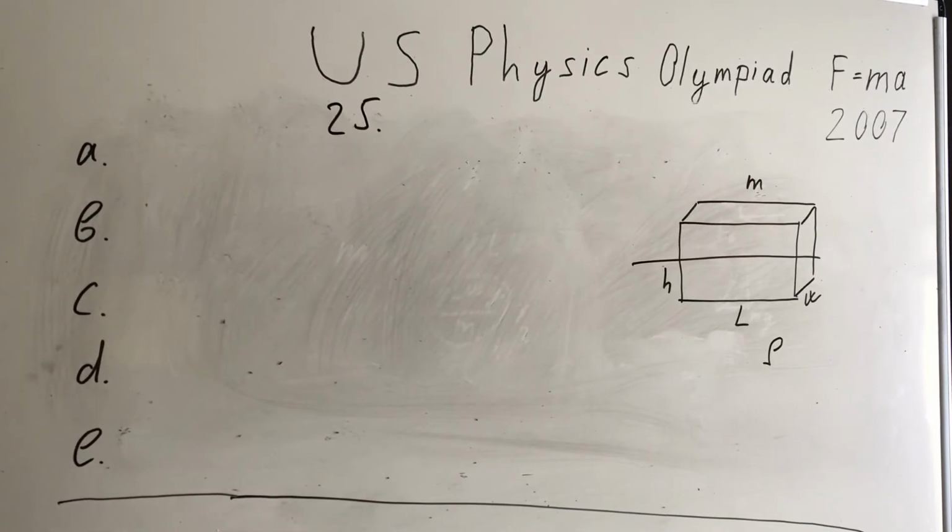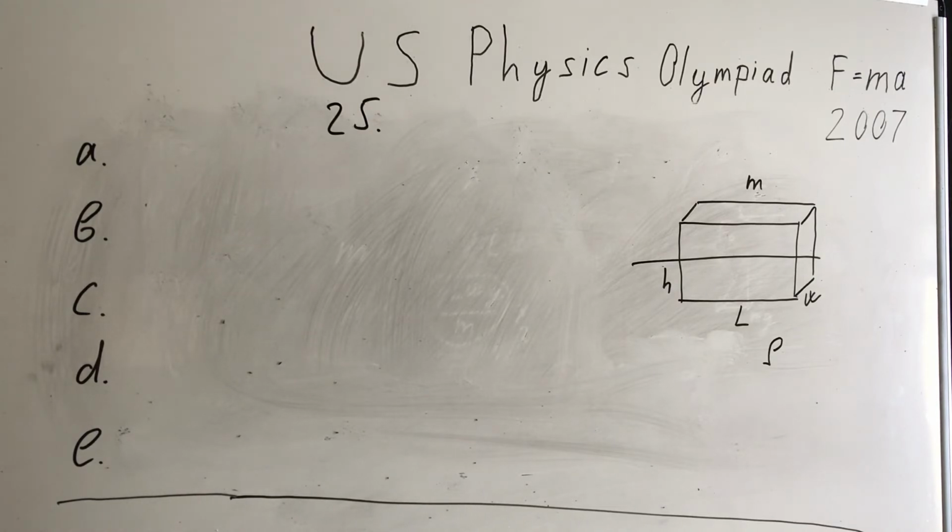Problem number 25. Find the period of small oscillations of a water pogo, which is a stick of mass m in the shape of a box, a rectangular parallelepiped. The stick has a length L, width W and height H, and is bobbing up and down in water of density ρ.